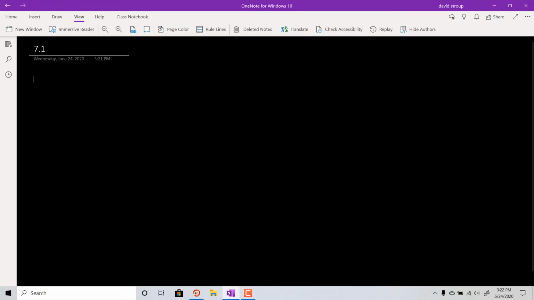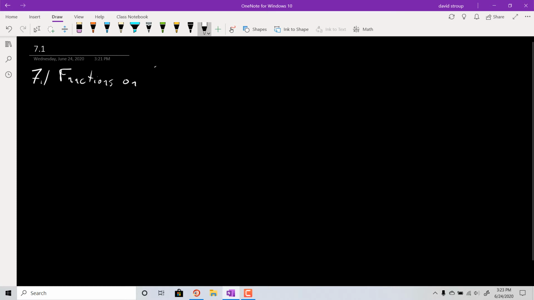Okay, welcome back. This is 7.1 on functions on general sets. First, we'll define what a function is.